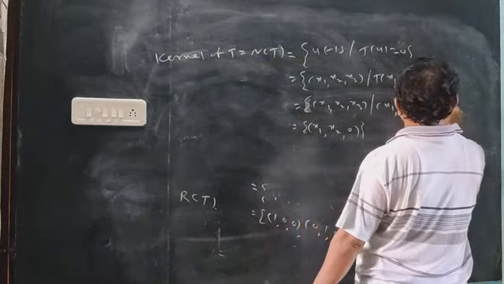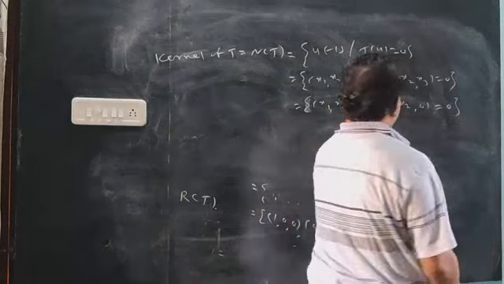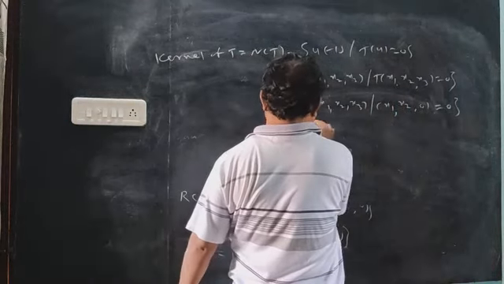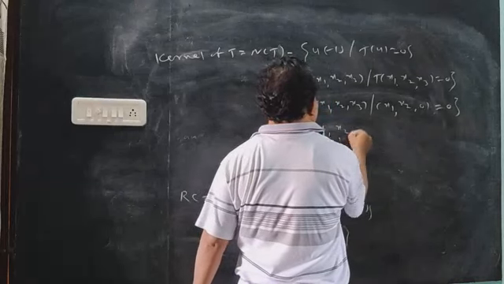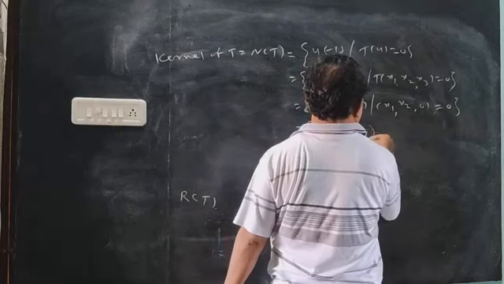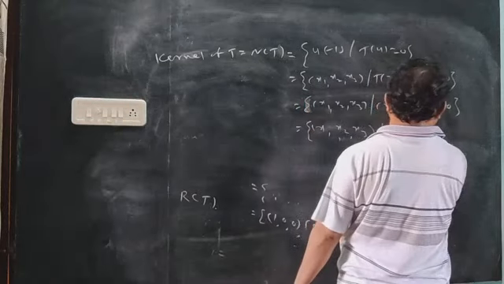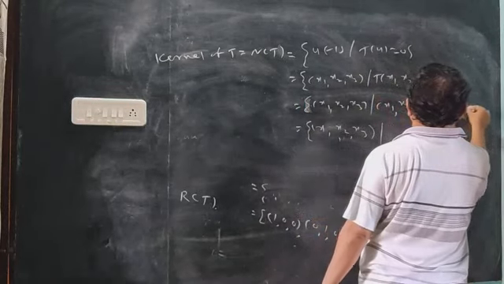T of this equals 0, where 0 means (0, 0, 0).